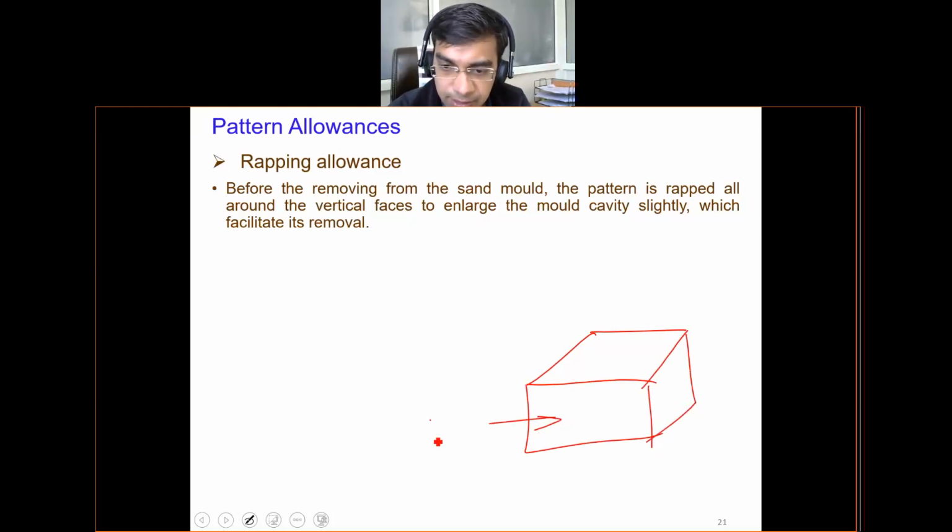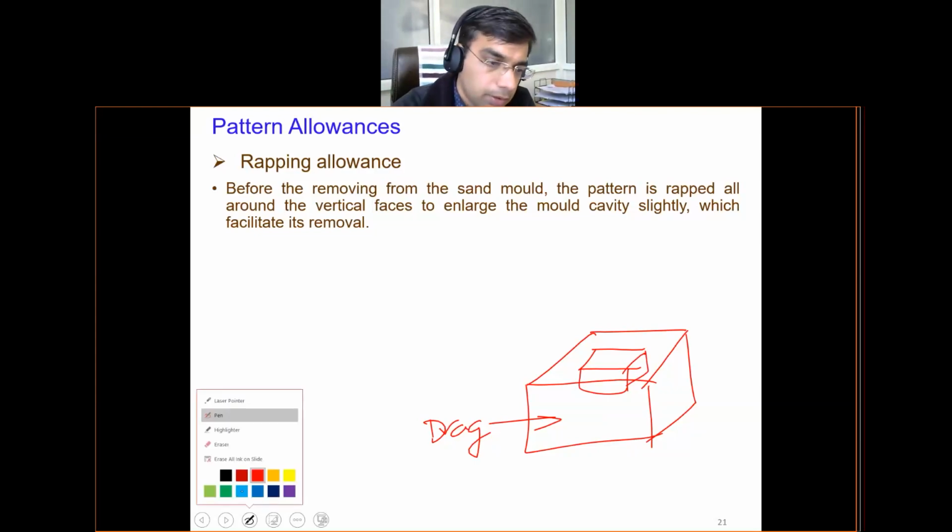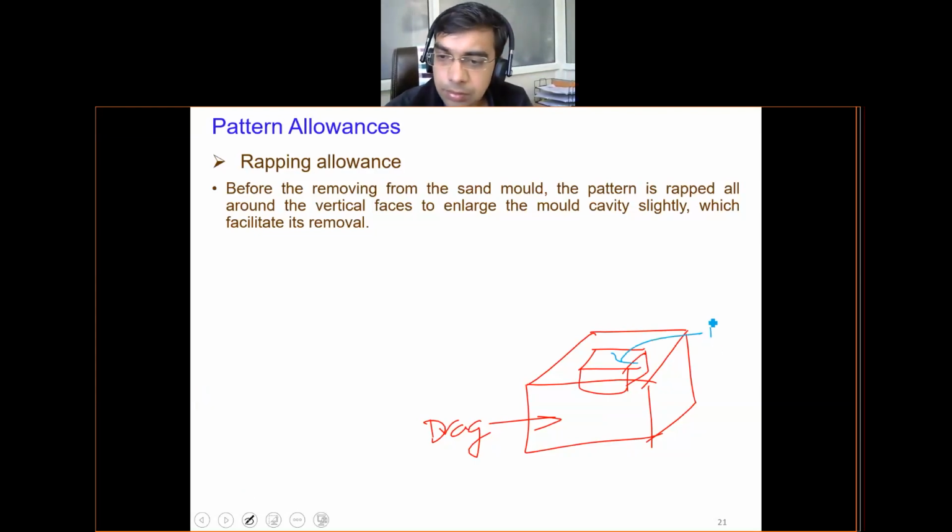Suppose this is the drag. You have this pattern which is placed inside. So this is the pattern. When you remove this one, draft you have already provided here, that is a draft allowance.